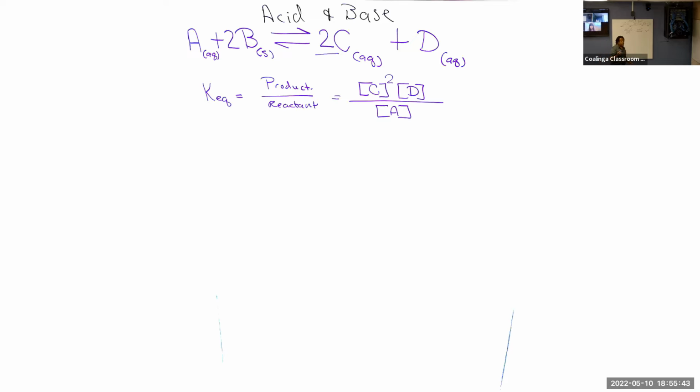So solids and liquids we don't include for equilibrium. Only gases and aqueous.